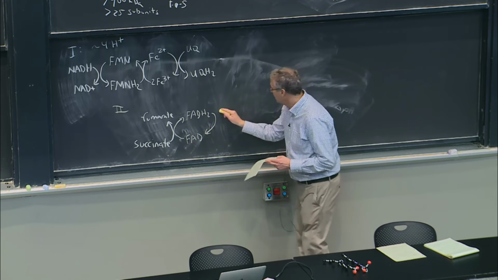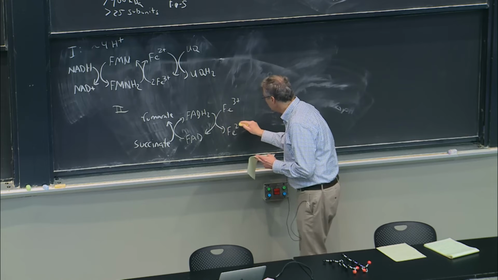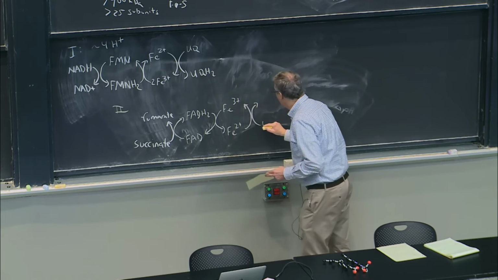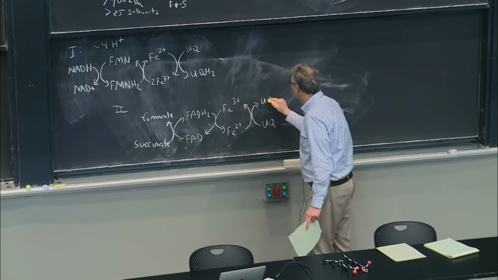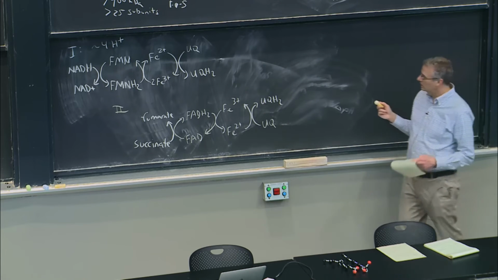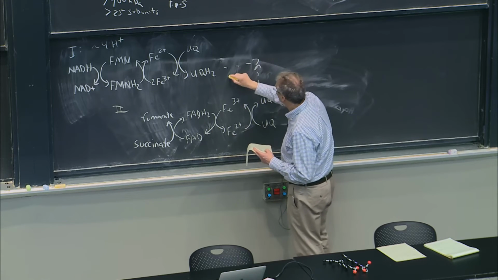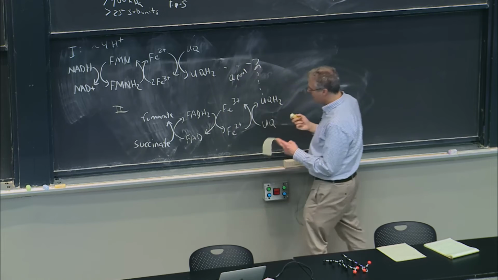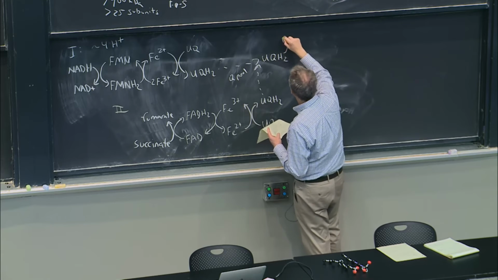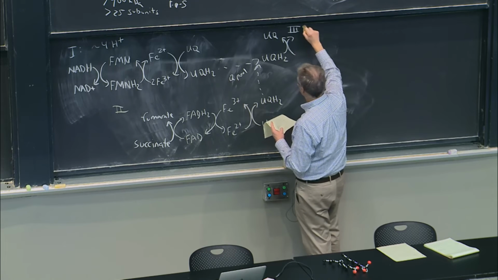That can be reoxidized through iron, ultimately driving the reduction of coenzyme Q from ubiquinone to ubiquinol. That ubiquinone to ubiquinol in something called the Q pool within the membrane can then be reoxidized in complex 3.